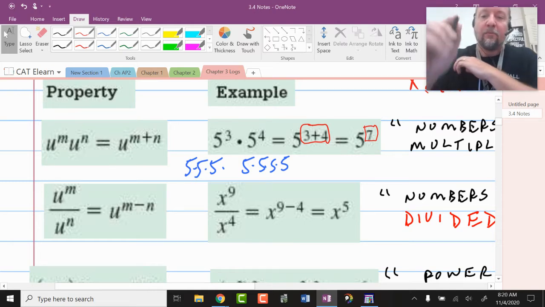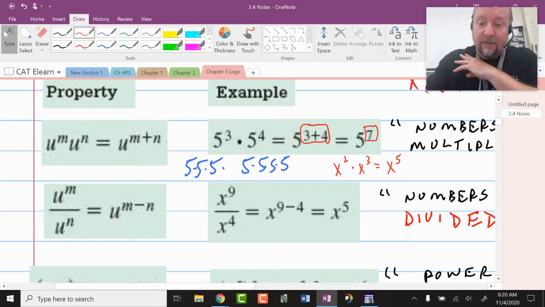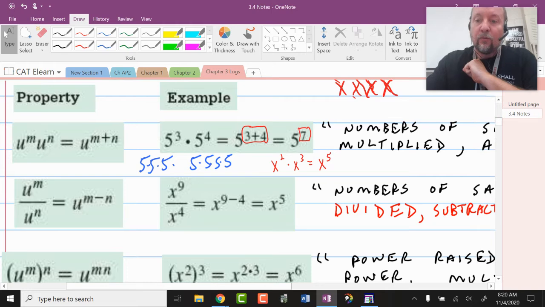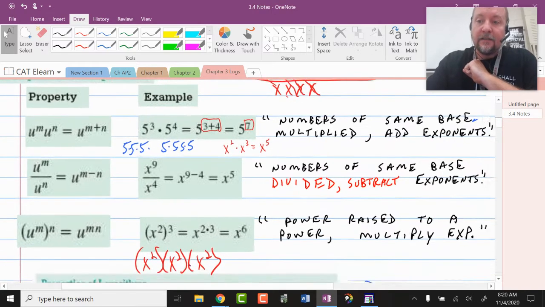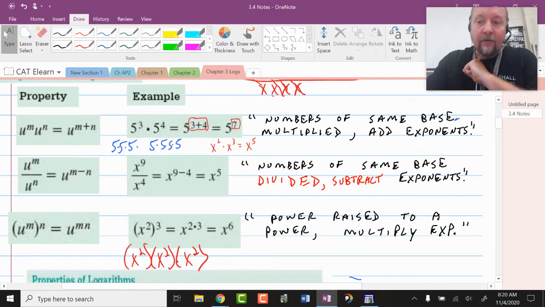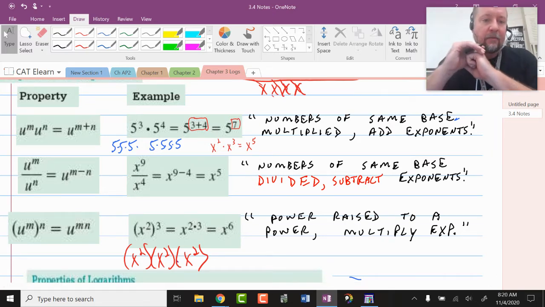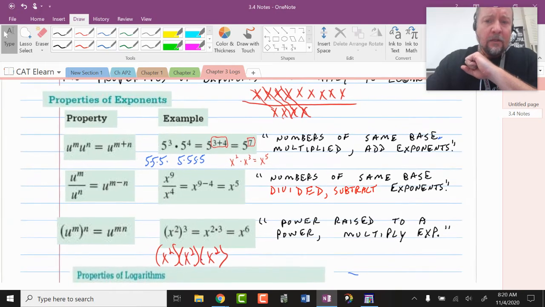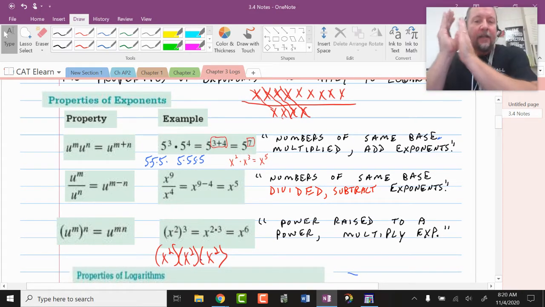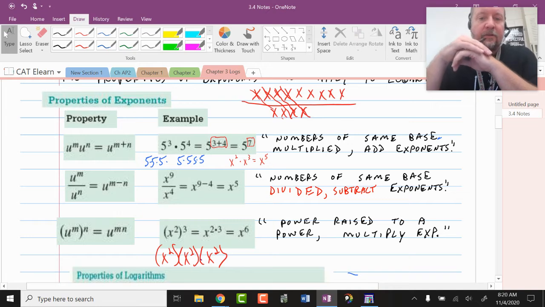Of course, we know x squared times x to the third is x to the fifth because it's x times x times x times x times x. There are 5 x's being multiplied together. So this is the exponent rule. Numbers of the same base, when multiplied together, you add the exponents. Concentrate on that sentence when we talk about logarithms, which is just an exponent. Logarithms are different ways of writing exponents, so they will follow exponent rules.